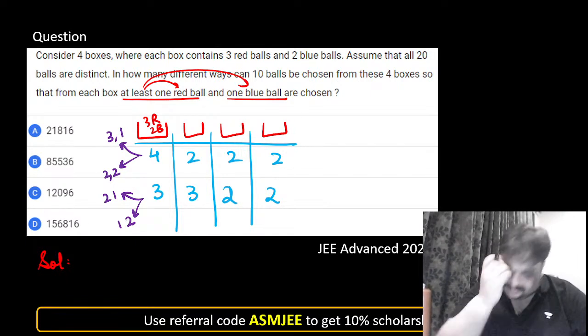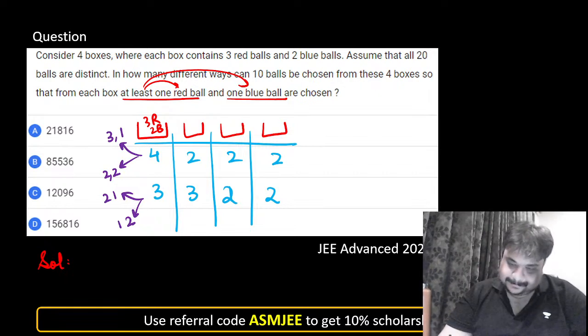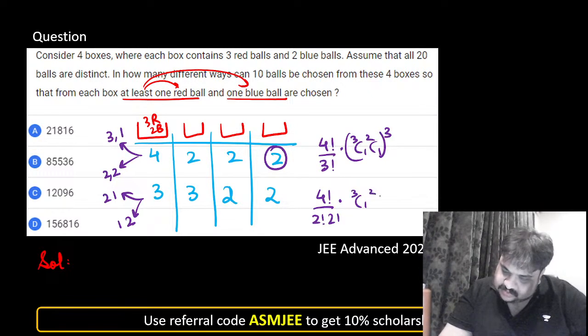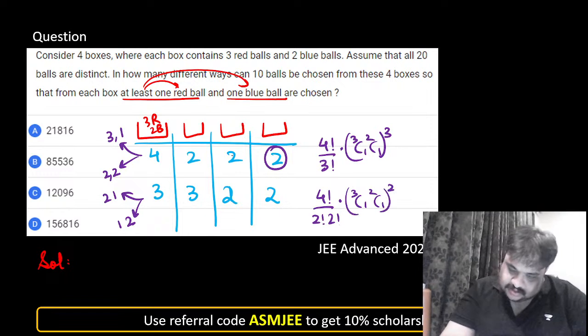Okay, so let's start. First of all, these numbers can be shuffled in 4 factorial by 3 factorial ways. This also can be shuffled in 4 factorial by 2 factorial, 2 factorial ways. Now for every 2, you need 1 red and 1 blue. So 3c1 into 2c1 whole raised to the power 3. Here 3c1, 2c1 whole raised to the power 2. So we have taken into account these.